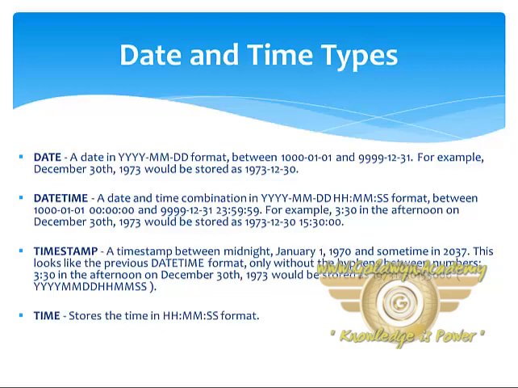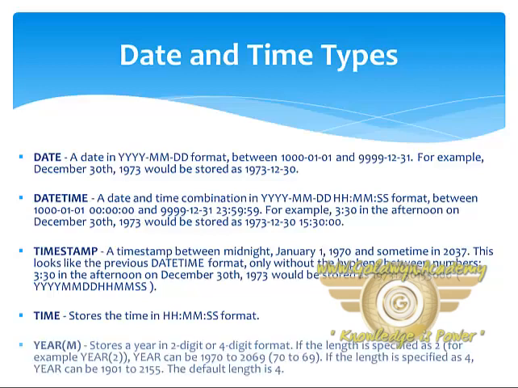It stores the time in hours, minutes, and seconds format. Year. It stores a year in a 2-digit or 4-digit format. These data types are used to store dates and times in our database.